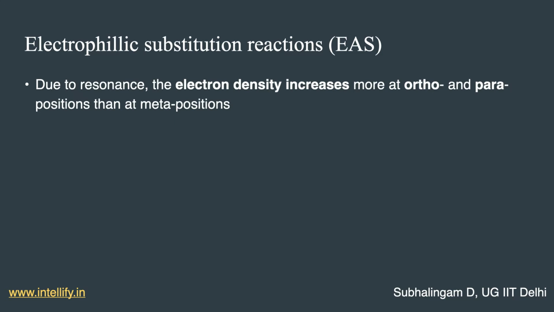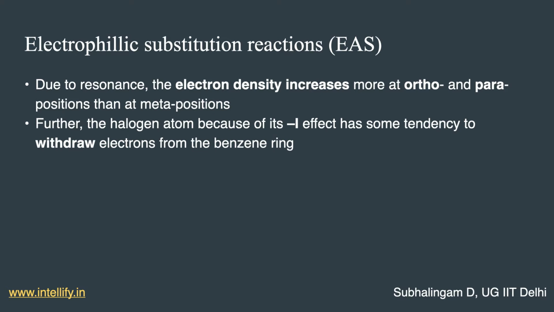So I'm moving forward. Due to resonance, the electron density increases more at ortho and para positions than at meta positions. Further, the halogen atom, because of its -I effect, has some tendency to withdraw electrons from the benzene ring. What is -I?